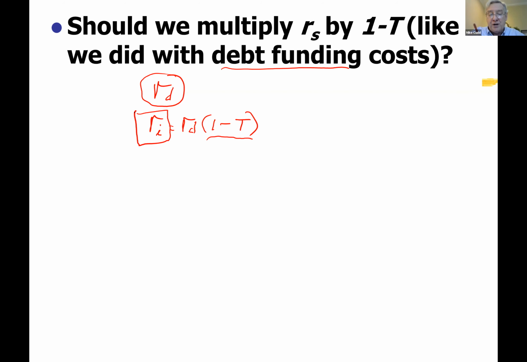And at some point in our country's history, our government decided that interest expense should be tax deductible, should reduce a company's taxable income and its tax savings. So when you use debt funding as a business, you have tax savings. So you multiply by 1 minus the tax rate. But what about with common stock?